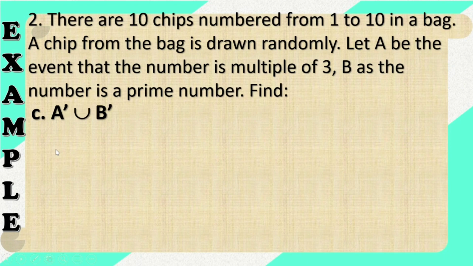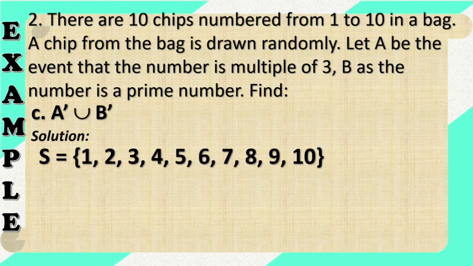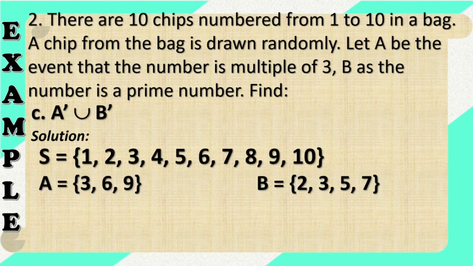For letter C, find the A complement union B complement. Let us find the elements of A complement, or the complement of event A. What are the elements of set S that are not in event A?